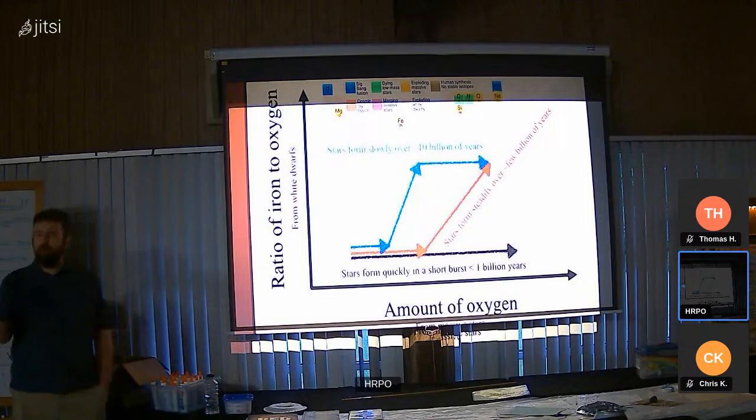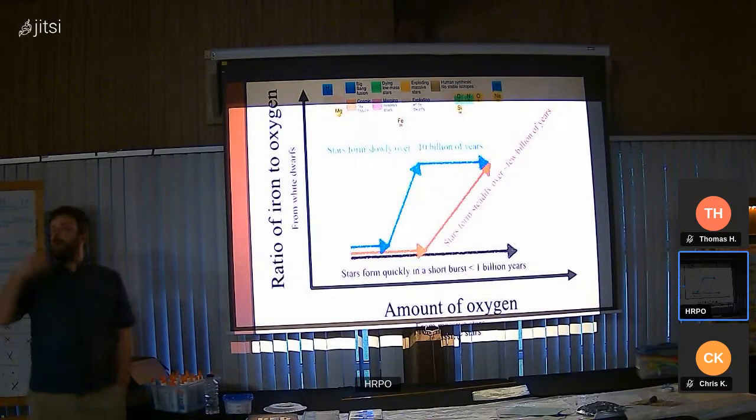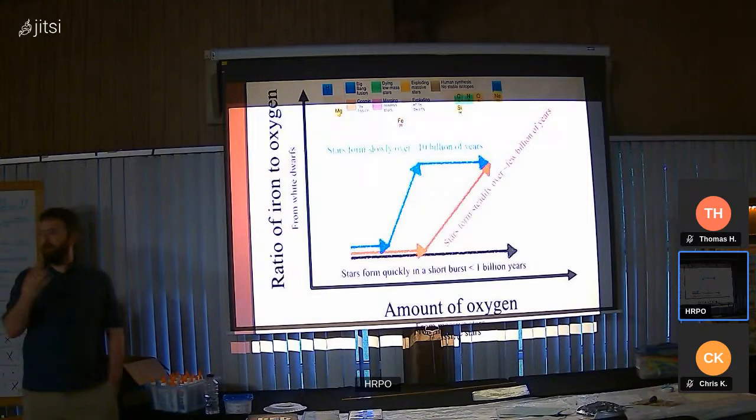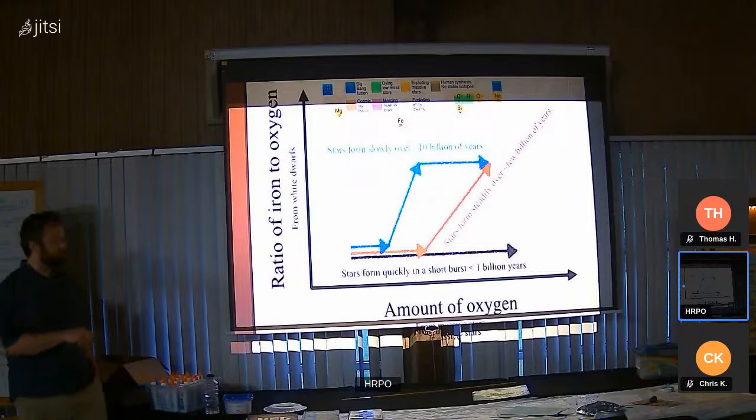You don't allow enough time for iron to form because the iron has to go through being a low mass star and then having those low mass stars interact with another star in some way, either a collision of a white dwarf or accreting material from another star for the white dwarf to explode. So it takes a while for any iron to form.